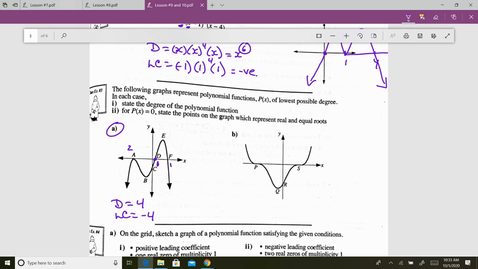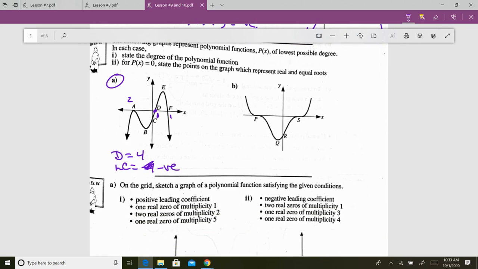Second one. What's the multiplicity at point P? It's just negative. It's not negative 4. I meant to write VE, sorry. B. What's the multiplicity of P? 3, right?